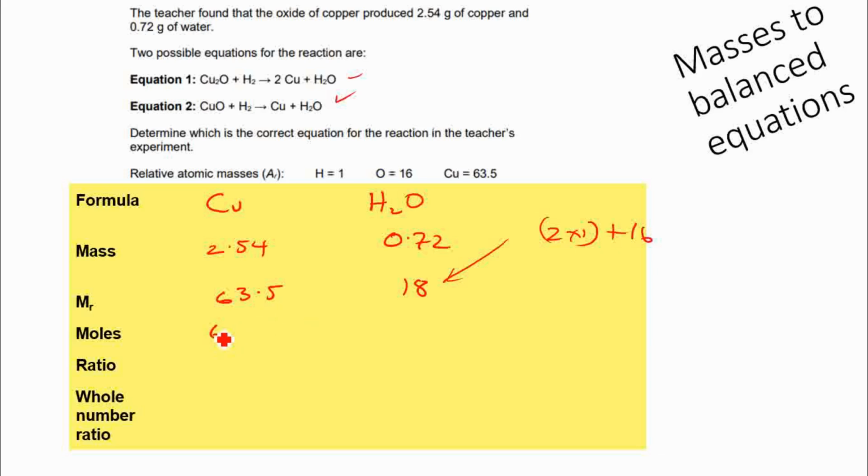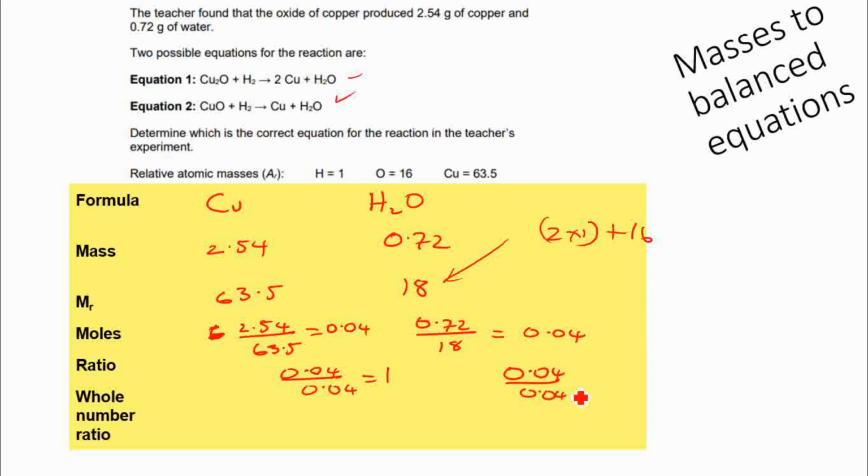So to work out the moles, it is mass 2.54 divided by 63.5, and this is 0.72 divided by 18. That gives me an answer of 0.04, and this also gives me an answer of 0.04, which means my ratio is 0.04 divided by 0.04, which gives me 1.